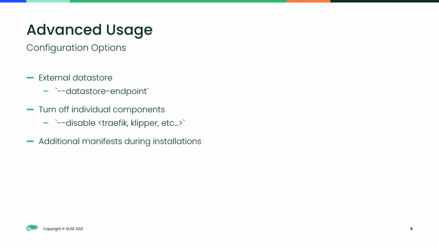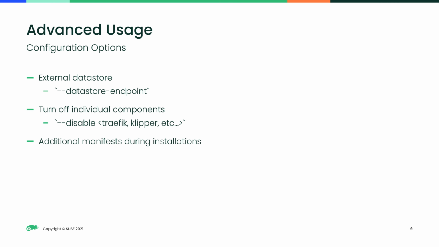Next, we've got some advanced usage, a couple different options that I wanted to call out. You can set up an external data store if you want to scale differently than the standard implementation. Almost everything is configurable, so you can turn off all of the individual components. This is well documented on the website. And lastly, you can add additional manifests during your installation.